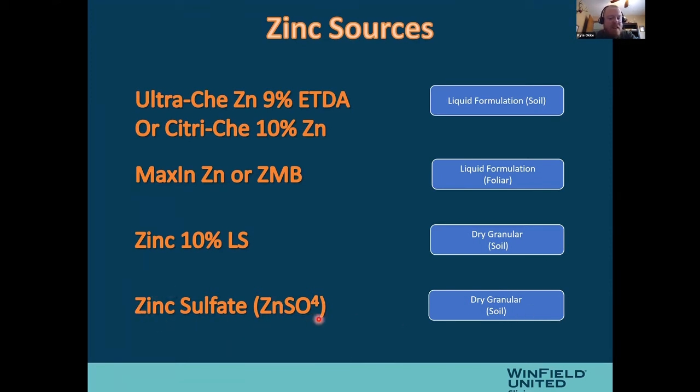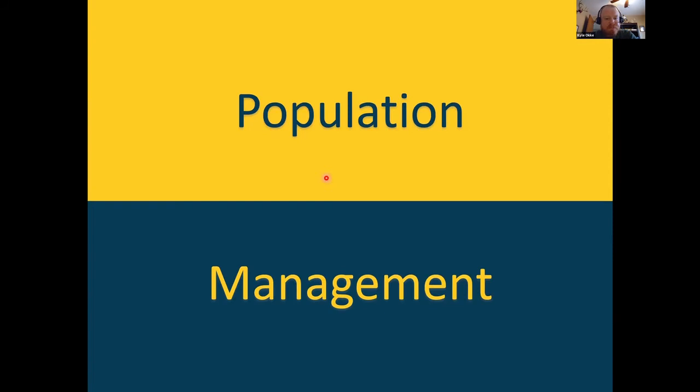But if you're in a high pH calcareous soil, this could easily become tied up too. So this is where looking at either a fully chelated or a lignosulfonate that's complexed might protect that a little longer, keeping it available to the plant. And then there are also foliar versions available for those different zincs.